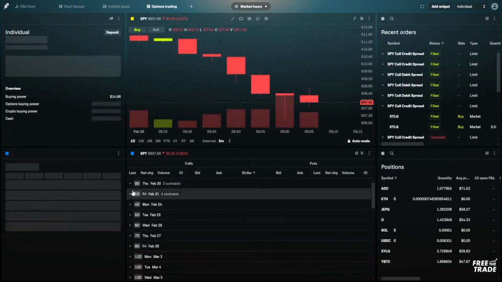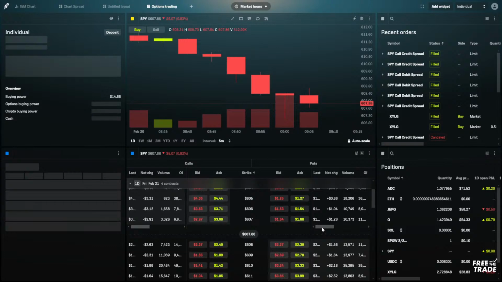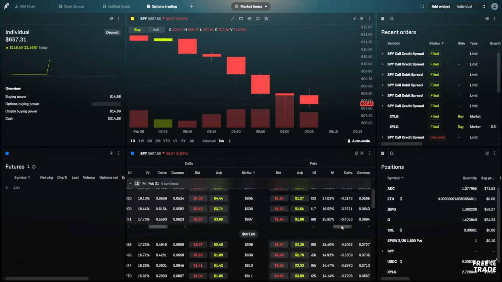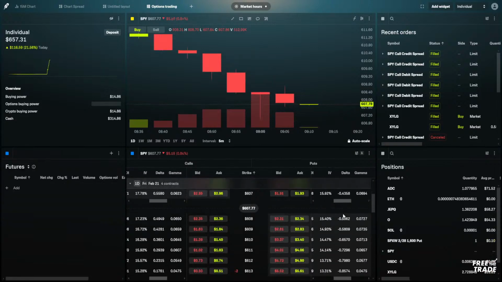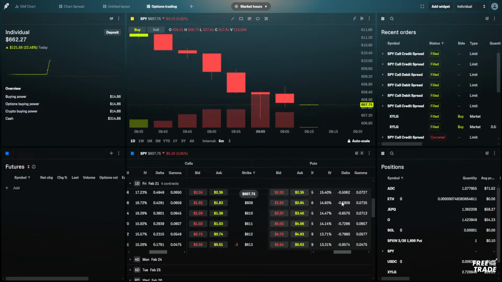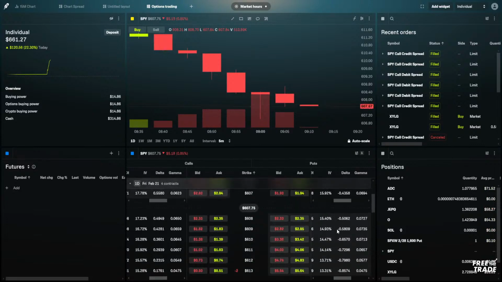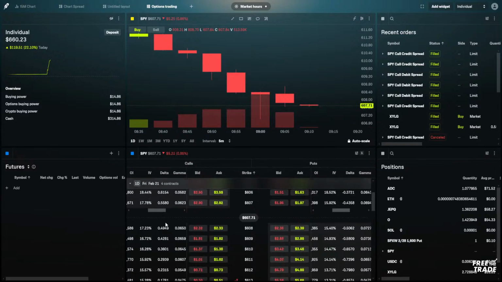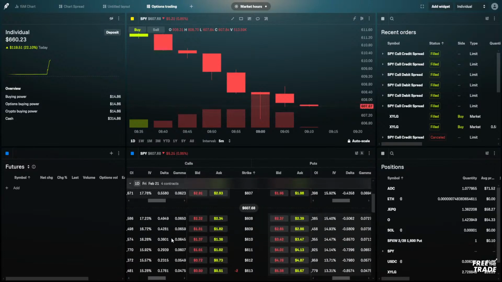All right, so our 609, 610s. So a 50 delta right now on the put side. I think I was thinking on the call side, which would be about a 35 to 40 delta.